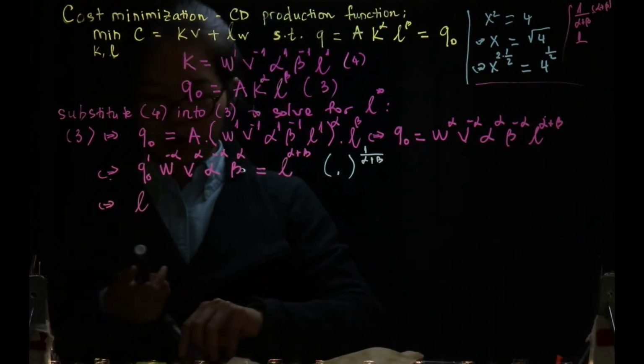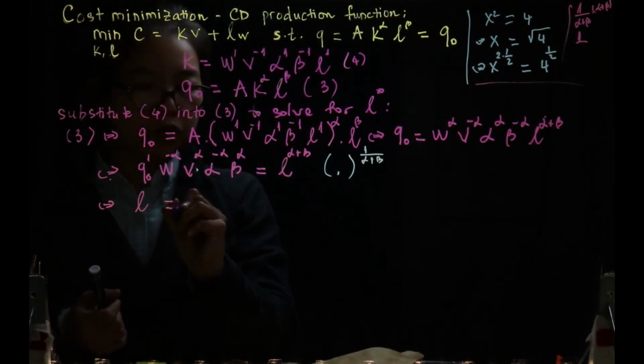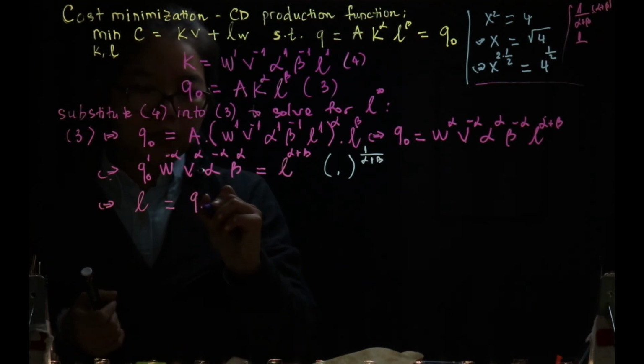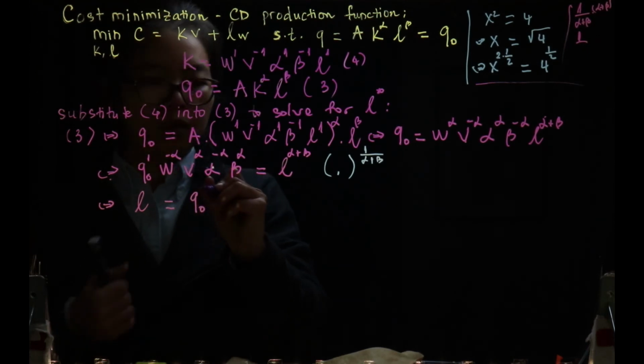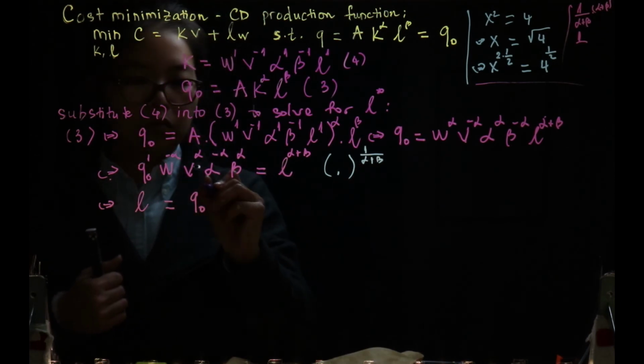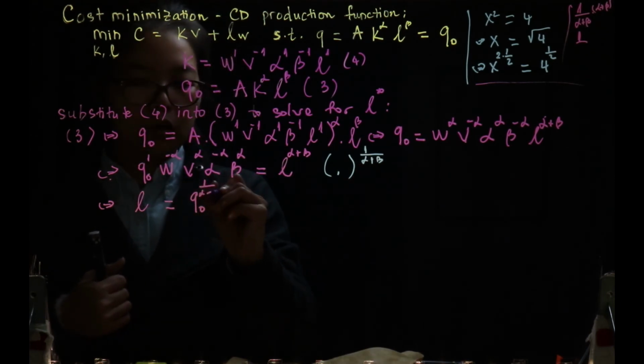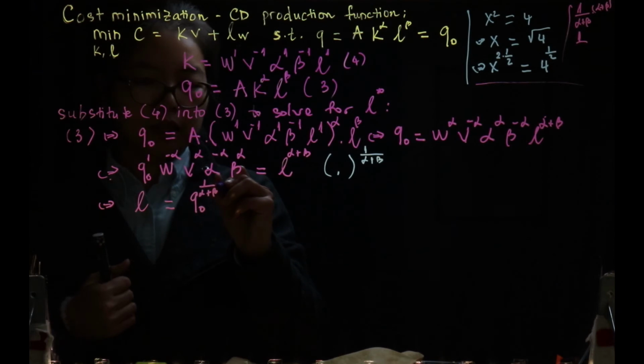So L to the power 1, meaning L, equals Q0 raised to the power of 1 over alpha plus beta times 1, right?